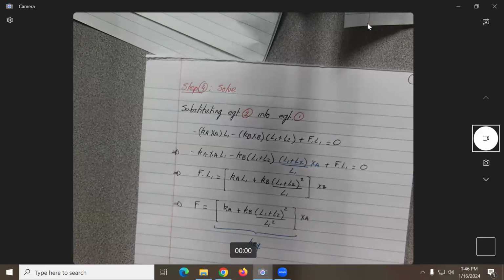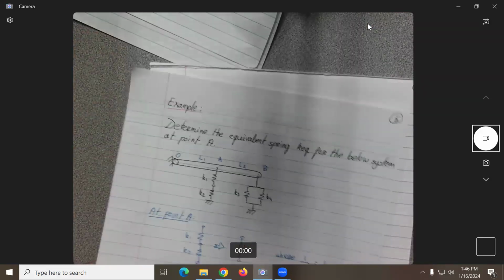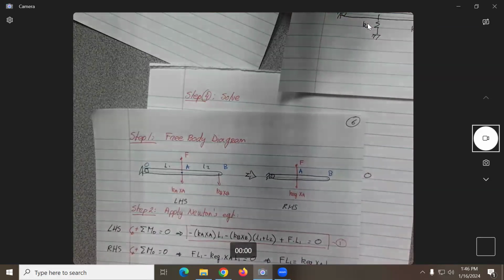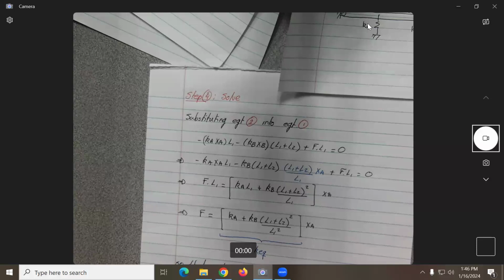So that, what did I put before? If you want, you can say, comparing to this equation now here, the k equivalent is k sub a plus k sub b times L1 plus L2 squared divided by L1 squared.